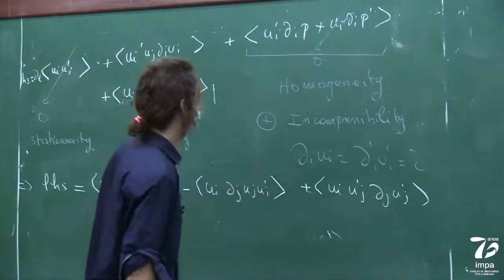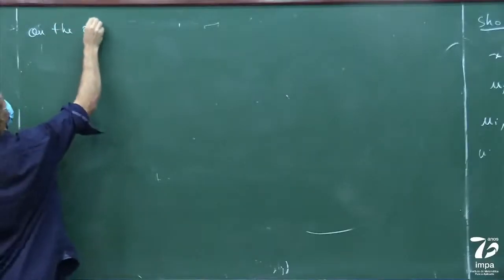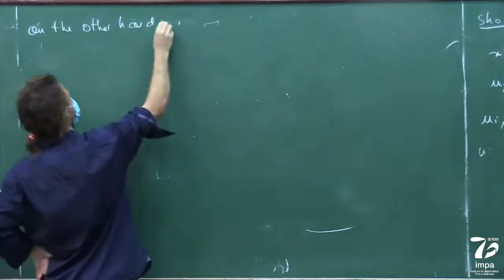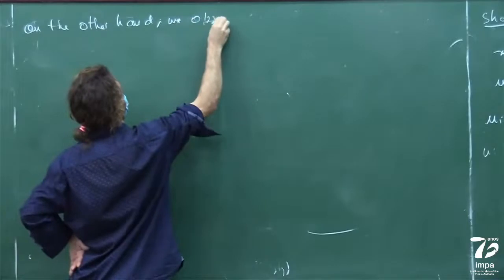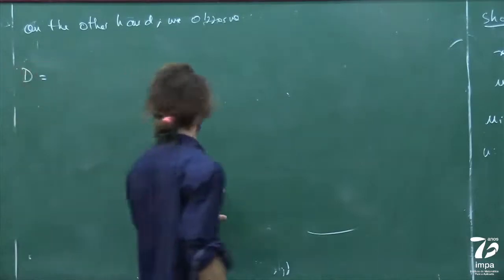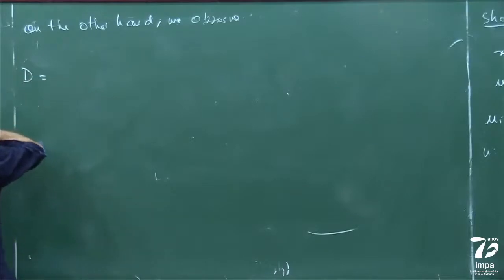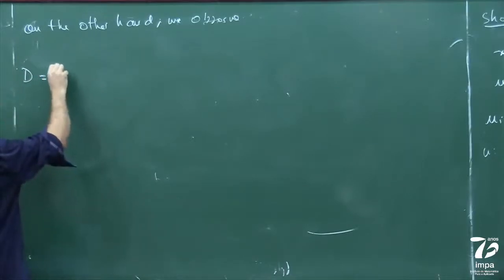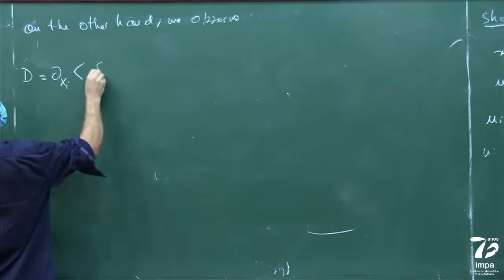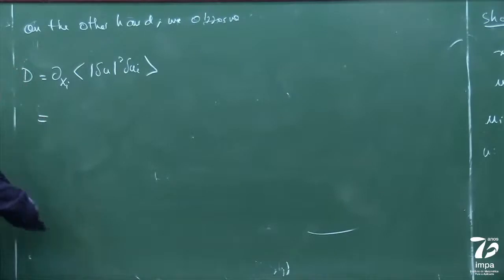On the other hand, we observe that D, which is the quantity involved in the scale-by-scale balance, which is D of xi, times delta u square delta ui, equal to a certain thing.